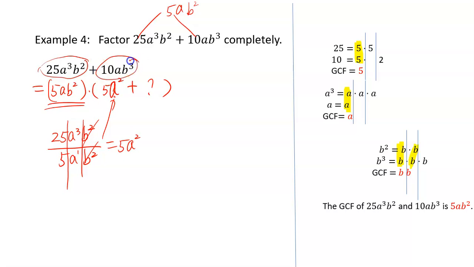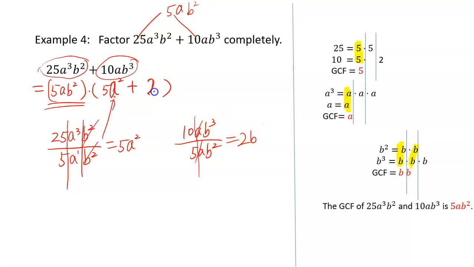Now, how do we get this from multiplication? Again, we multiplied 5ab squared with something, and that something can be found by dividing the answer by the GCF. So 10ab cubed divided by the GCF 5ab squared. So we divide 10 by 5, it's 2, a cancels a, b cubed divided by b squared is b, because 3 minus 2 is 1.